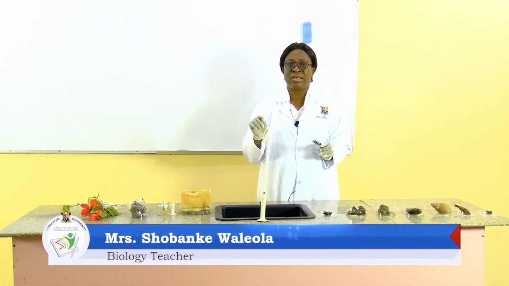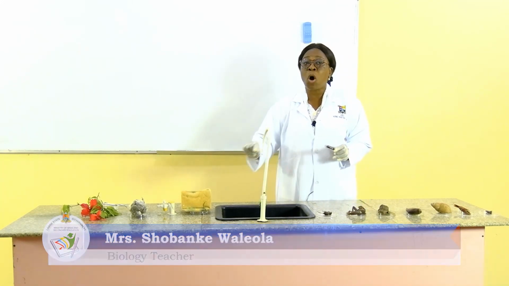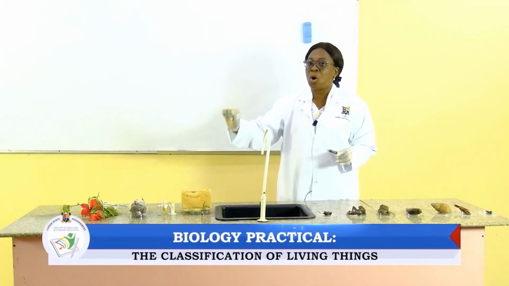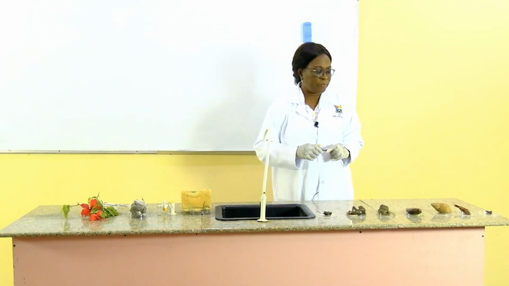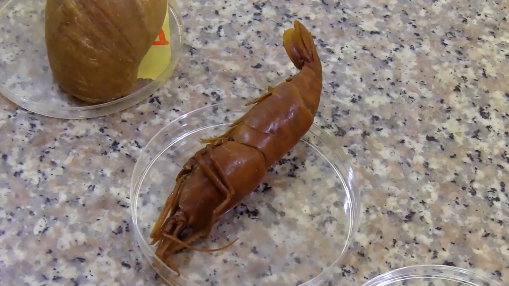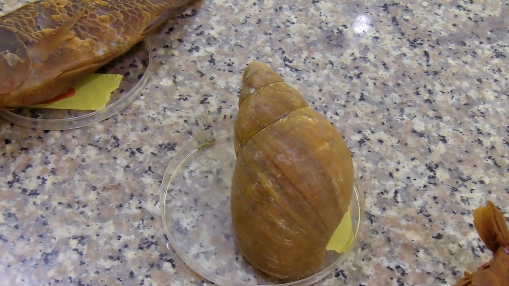How do you do that? You answer the question by giving the English names of the specimens. And that is what we want to do now. Specimen A, cockroach. B, prawn. C, snail.